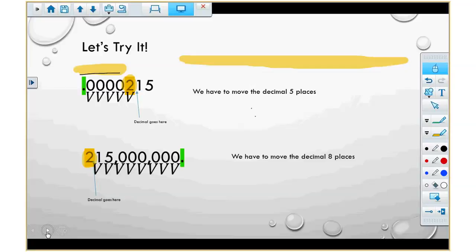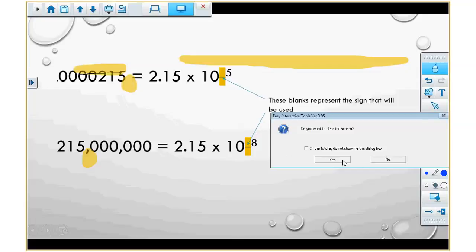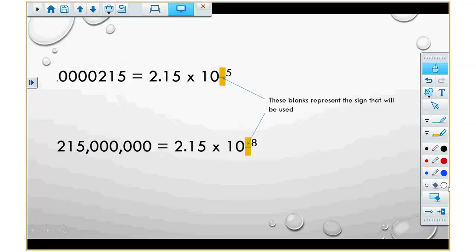I had to use these because U's didn't look good. And I'm still trying to learn how to do the PowerPoints, the symbols. So anyway, 5 places, blah, blah, blah. Okay, now, here's our 2 numbers that we just learned that we moved the decimal.